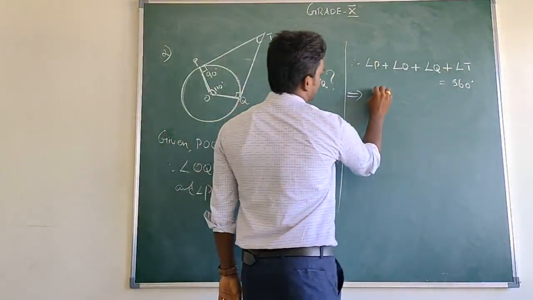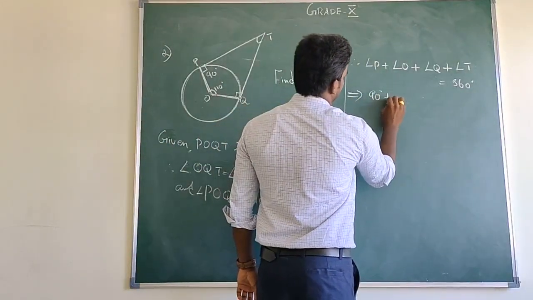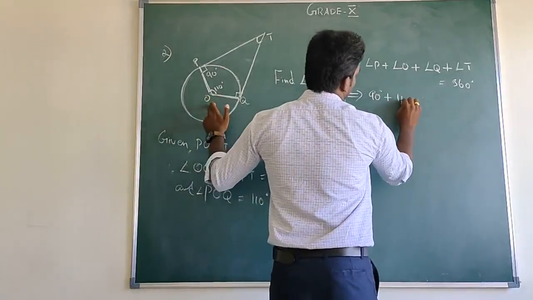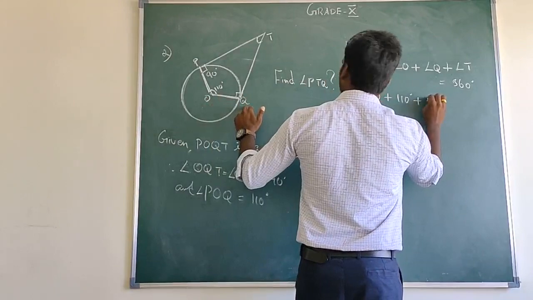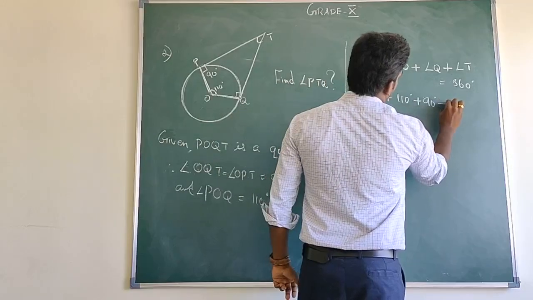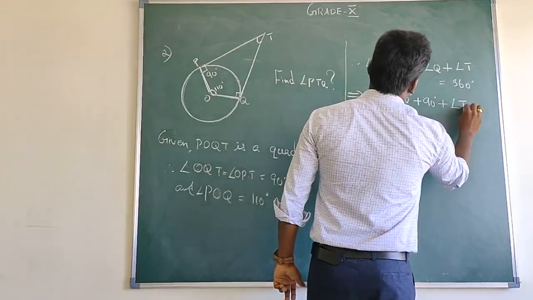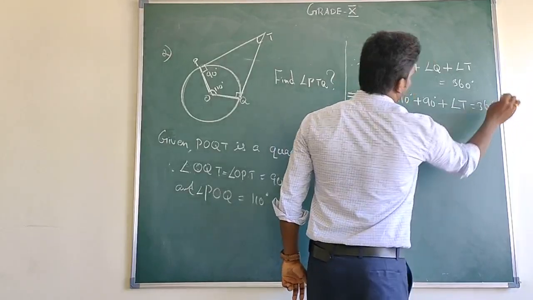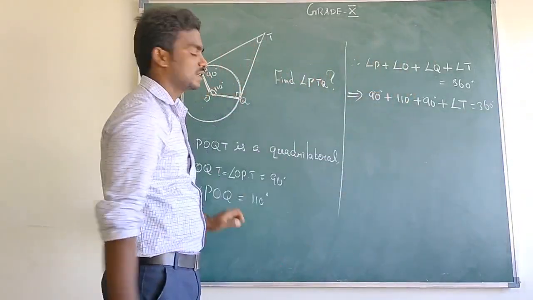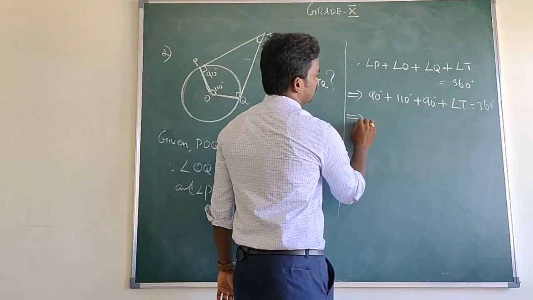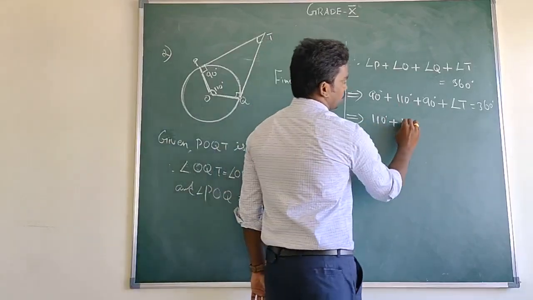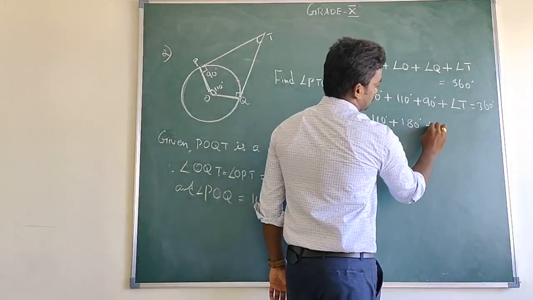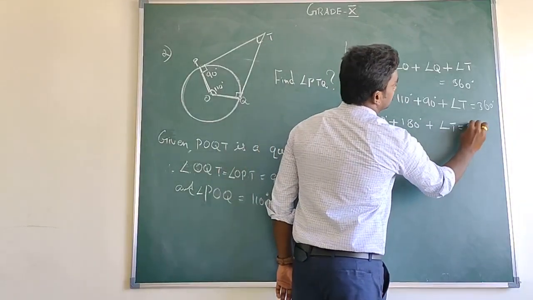So this is 90 degree plus angle O value is 110 degree plus angle Q value is 90 degree plus angle T is equal to 360 degree. That means sum of all the angles of a quadrilateral is 360 degree. Implies that 110 degree plus 90 plus 90, what is that? 180 degree. So plus angle T is equal to 360 degree.